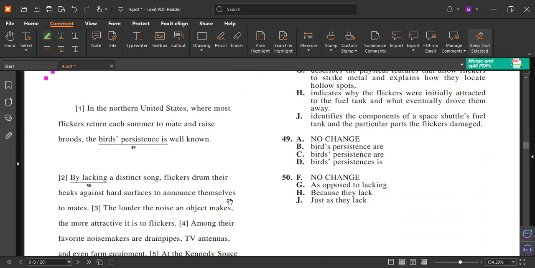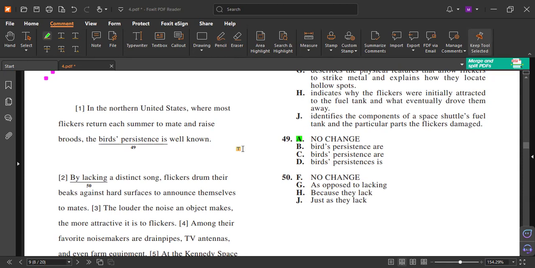49. 49C. 49, it's A. Wait. How is birds like plural? That is a trap. So we need to know is it A or not.